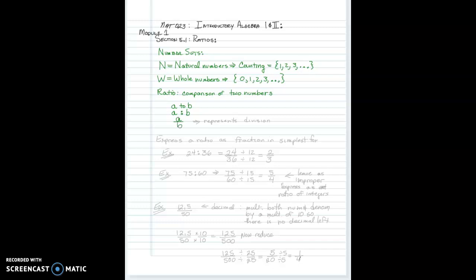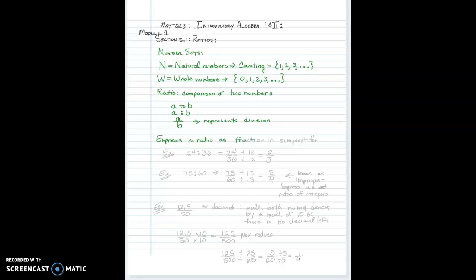Sometimes we're asked to express a ratio as a fraction in simplest form. An example might be something like 24 to 36.